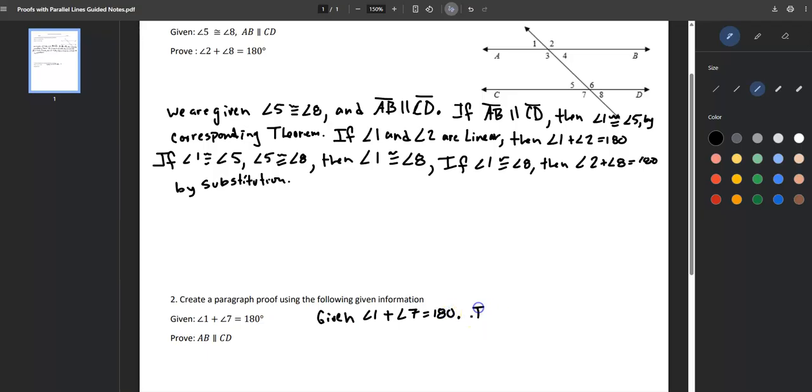So then I'm going to put if, I guess we're also given that angle 6 is congruent to angle 7 and angle 1 is congruent to angle 4 by vertical angles on the diagram.